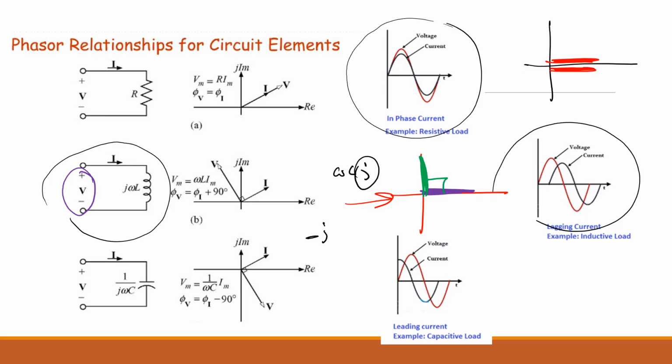It has a 90-degree difference because you have a j part there. Make sense or not? When you consider the capacitor, if the voltage is like that, your current will be like this way. It's a 90-degree difference in both opposite ways. Make sense or not? We'll do a question, then I can explain it better.